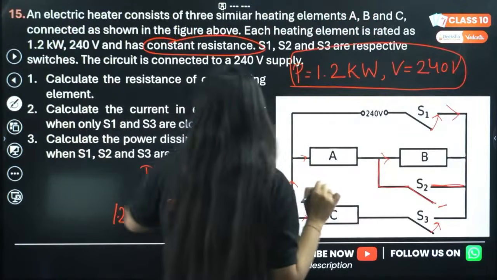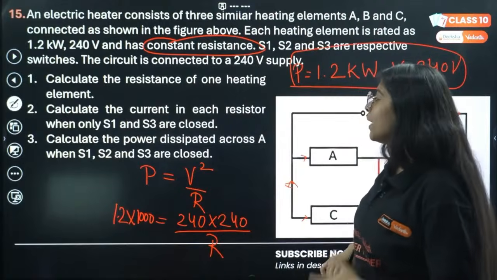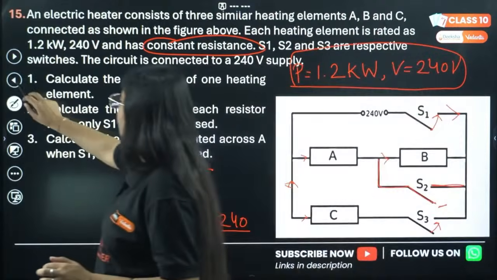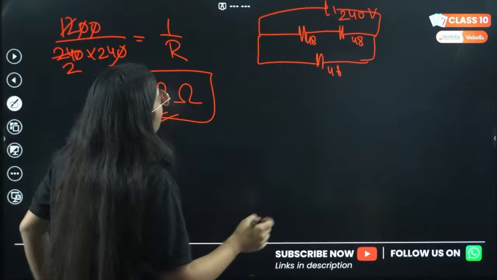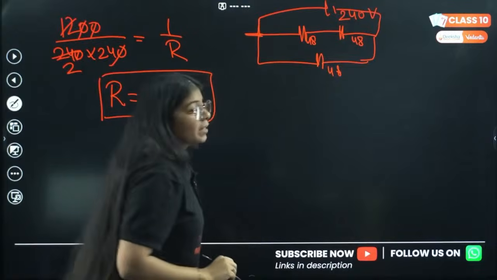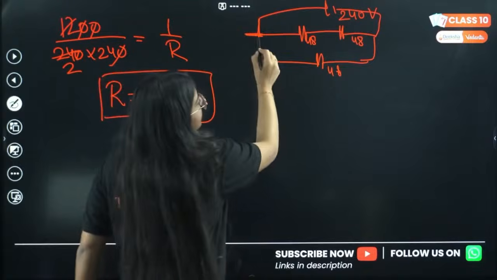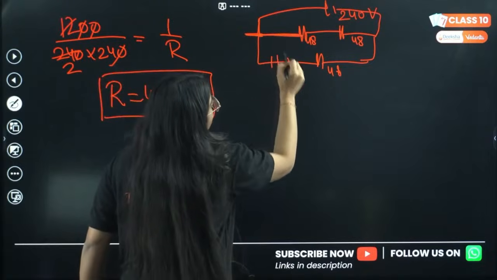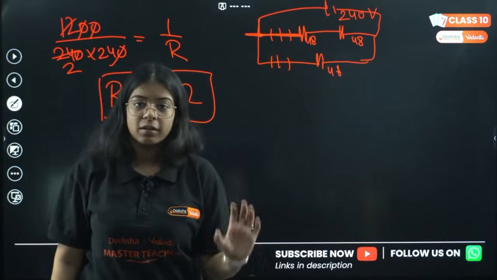We need to calculate the current in each resistor when only S1 and S3 are closed. This is a parallel combination, and in a parallel combination, current divides. So these two branches will experience different values of current.